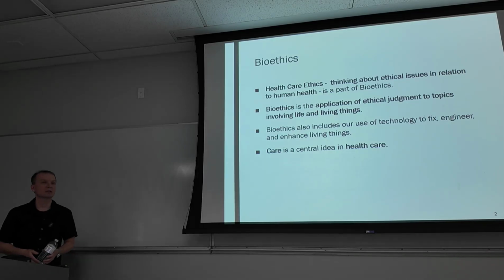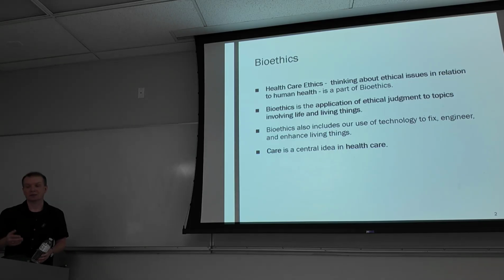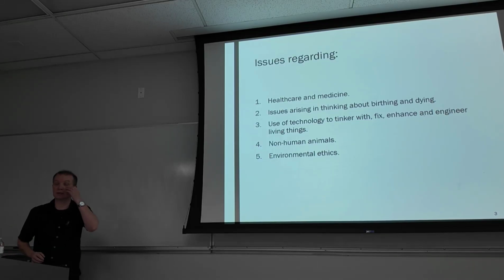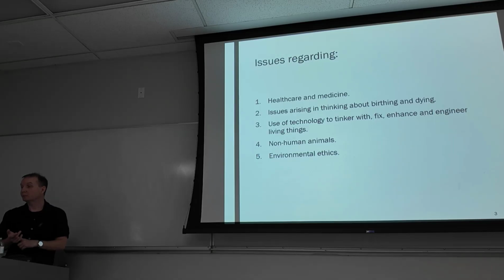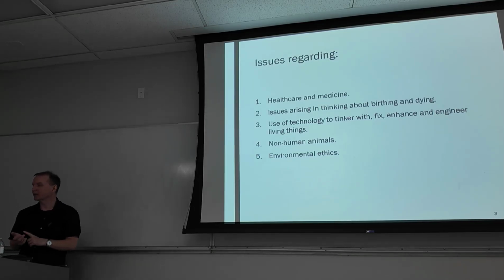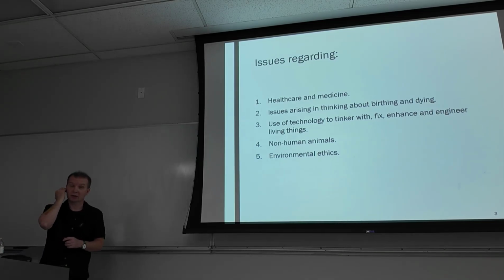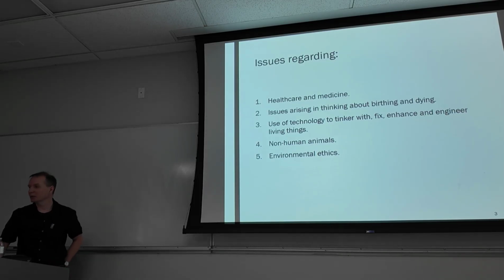Care in general is obviously a central idea of health care. Now, what are the issues we may see here? Healthcare and medicine. Issues arising in thinking about birthing and dying, abortion, euthanasia, and so on, which is again discussed in more detail in chapters 11 and 12.